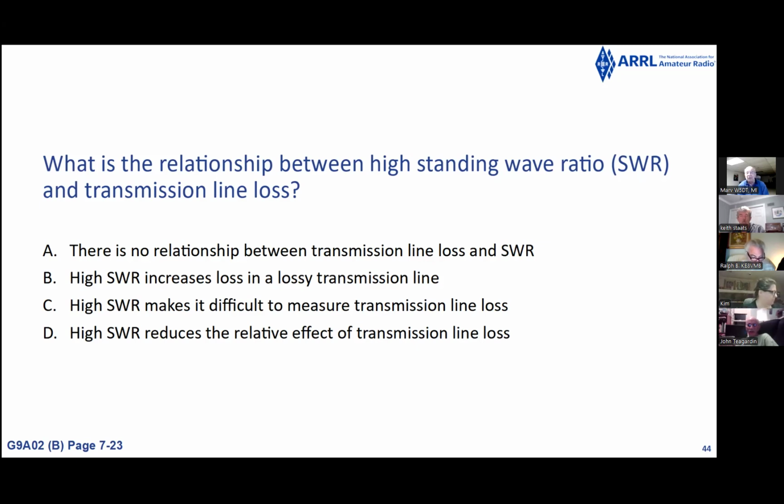A modern rig will shut down if you get over a 3-to-1 SWR. But if you happen to buy an older rig that doesn't have those modern conveniences, you could well blow your finals. Now you've got to get it fixed.